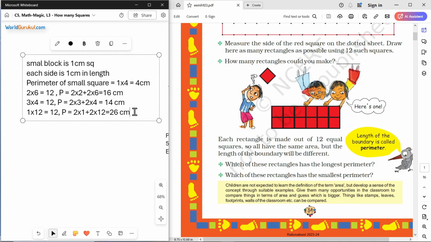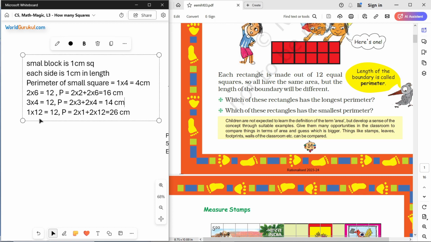Now, can you tell in what pattern, if you arrange the blocks, you are going to have the maximum perimeter? So, obviously, the last one, put 12 blocks in a row. That is going to have 26 centimeters of perimeter. So, that's the longest. And the smallest perimeter is going to be 3 by 4 blocks, and that is 14 centimeters.